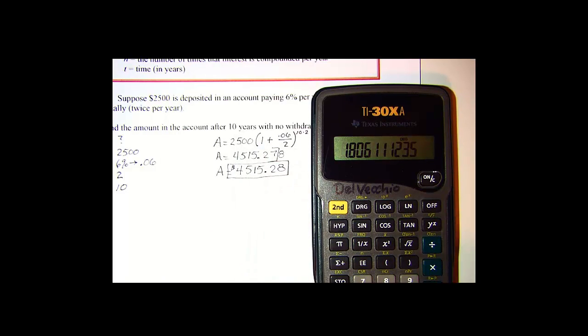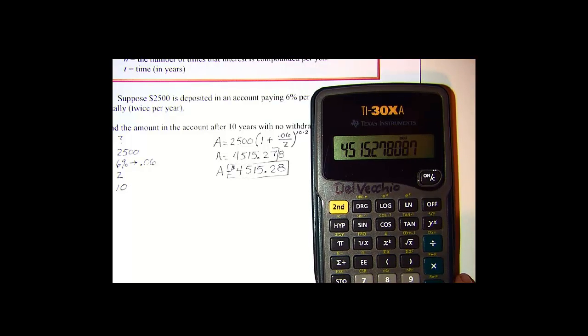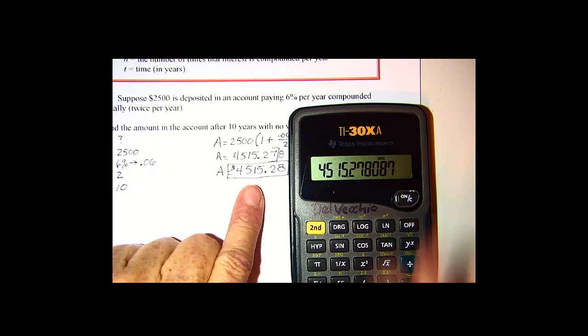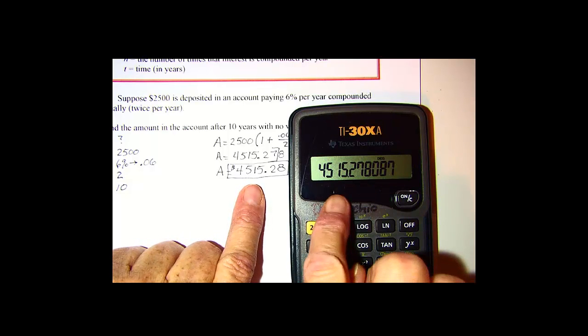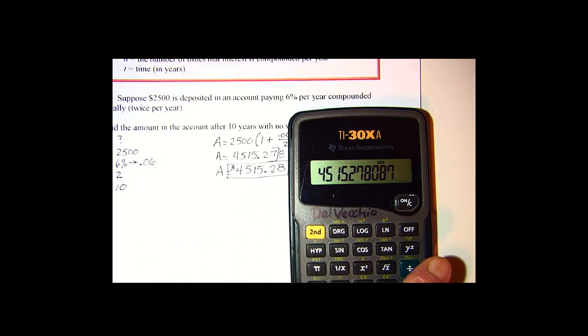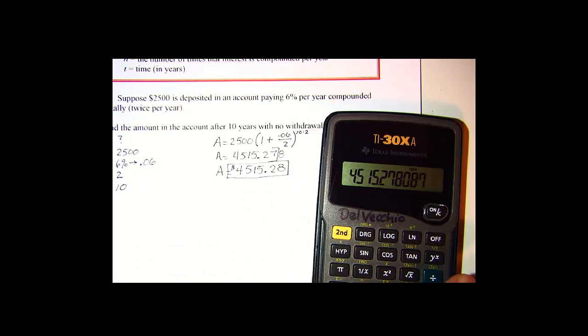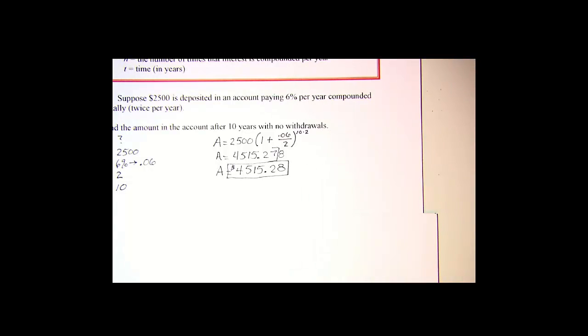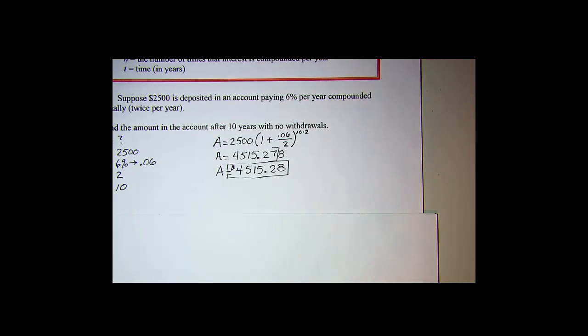So times 2500 equals. So we can see that we're getting the same number that we got on the other calculator. You need to check your calculator and see if you have to do things from the inside out or if you can enter exactly as it's written.